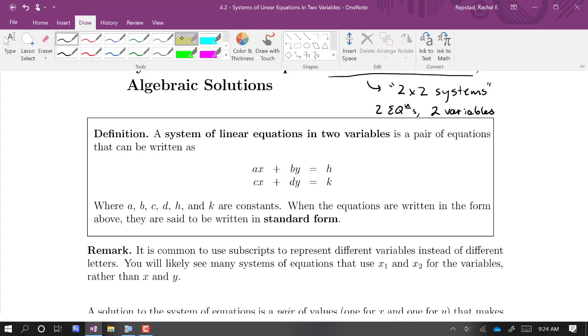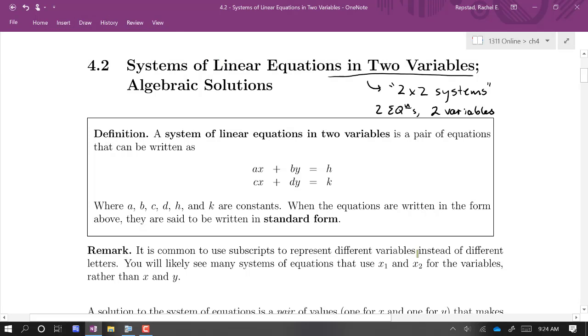So depending on other resources that you might look at, you might see them write it as x1 and x2 instead of x and y. That's super common. We're going to focus on these 2 by 2 systems and a couple of different algebraic techniques we have to solve them, before we move on to techniques that can help us solve larger systems of equations, and we'll be solving some 3 by 3 systems by the end of this chapter.